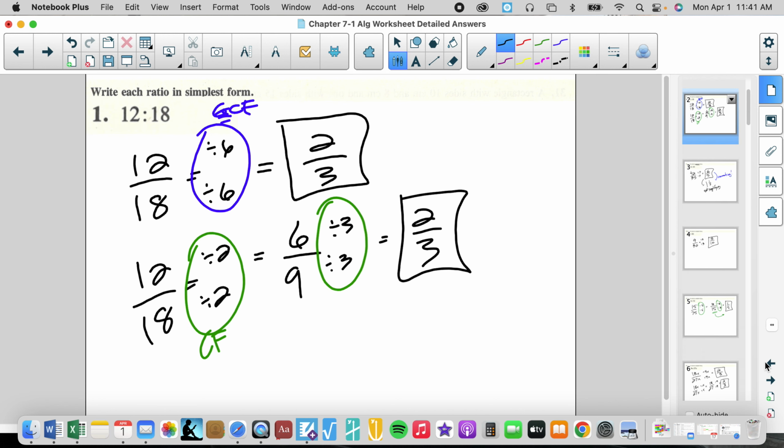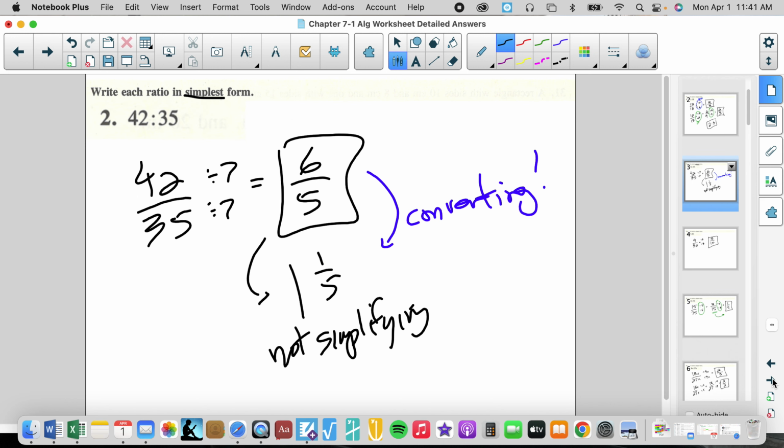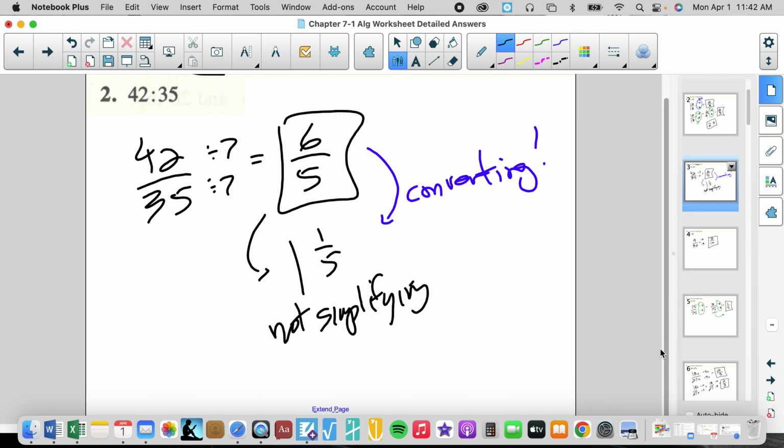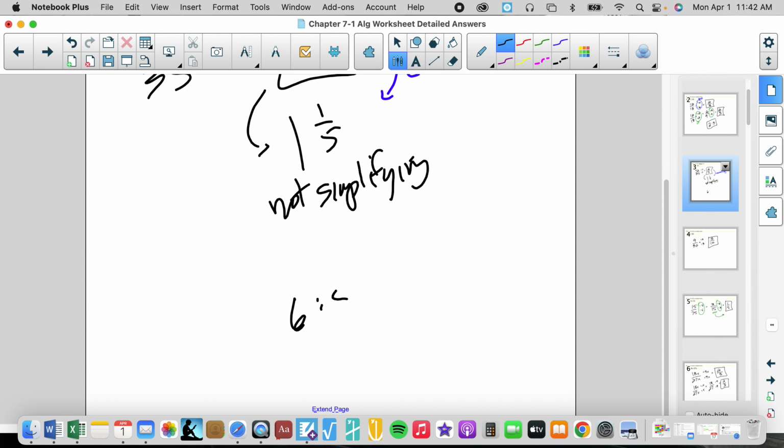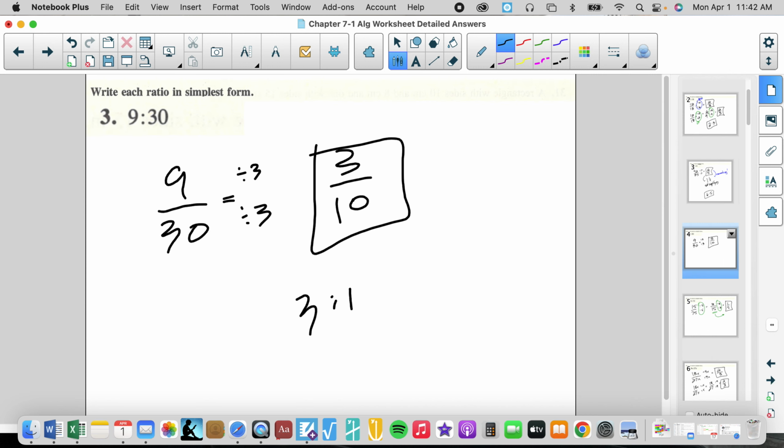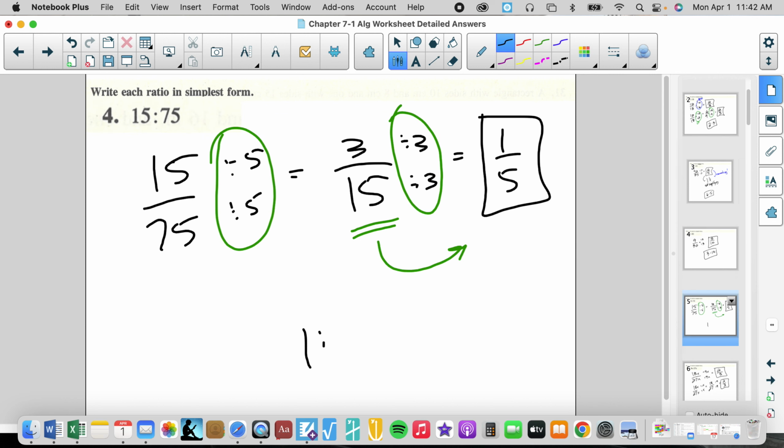So yes, a fraction, but I guess they want it written like this. So if we were going to write it as a ratio, we would write it 6 to 5. 3 to 10 is simplest ratio. 1 to 5.